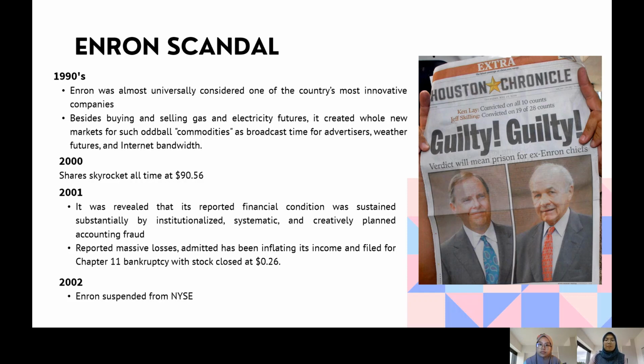Because of that, Enron reported massive losses, and they themselves admitted that they had been inflating their income, and lastly they filed for Chapter 11 bankruptcy with stock closing at only 26 cents. So here we can see that when they were too creative in their accounting, it actually consumed their own company. And then lastly in 2002, Enron was suspended from the New York Stock Exchange.